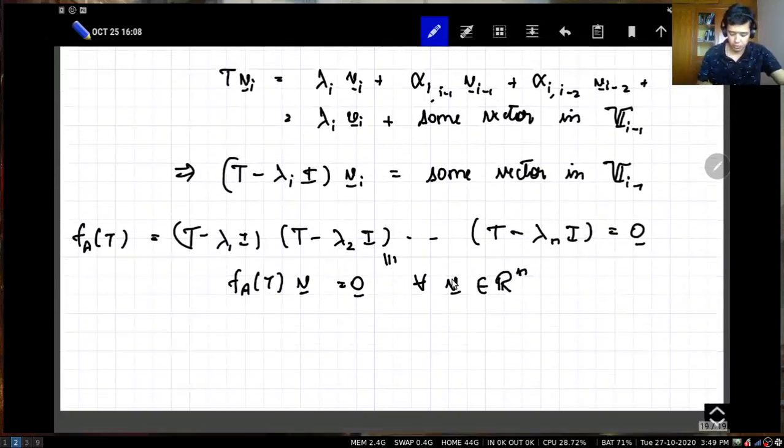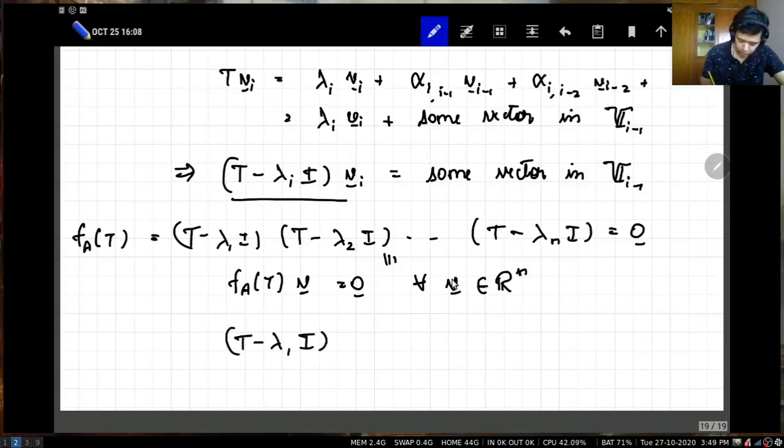As we've just shown, T minus lambda i I times Vi is some vector in Vi minus 1, and T minus lambda 1 I times v1 is equal to the 0 vector. So this combined with this particular statement ensures that fA of T times v equals 0.